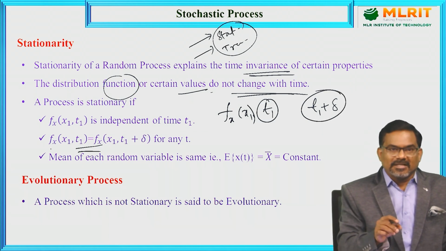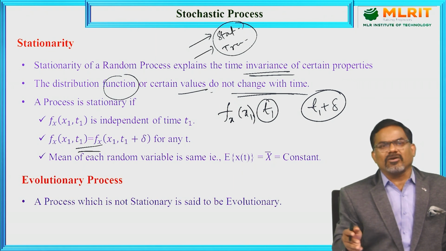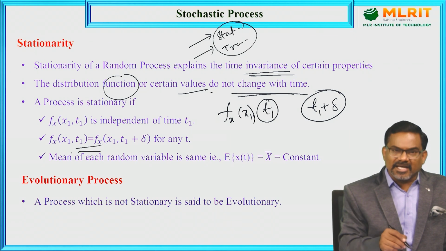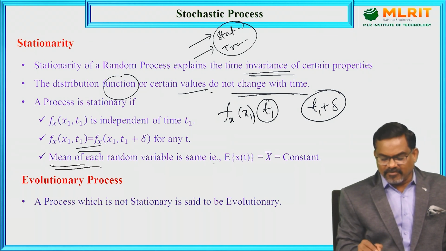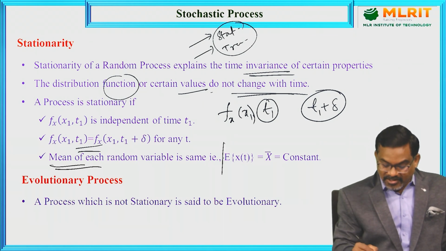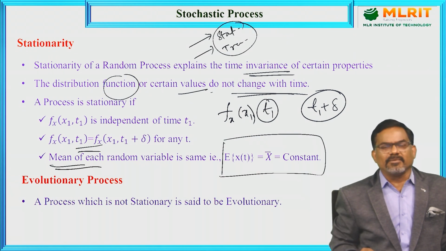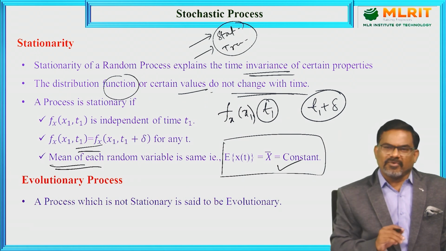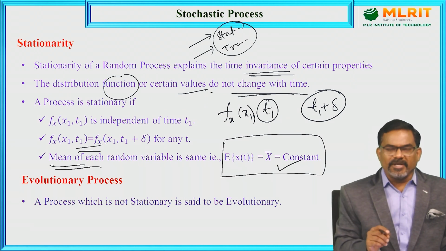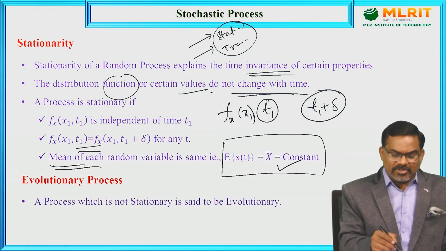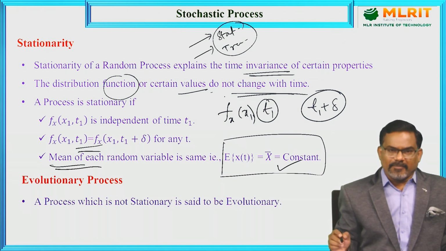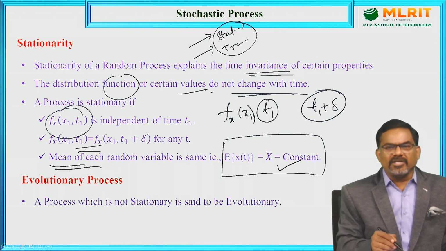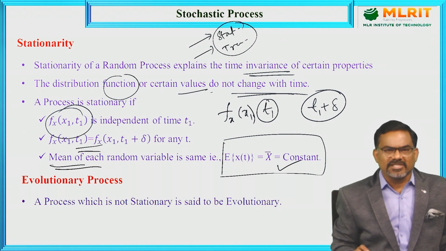That means the distribution function doesn't depend on time. That is stationary process. So, in this case, the mean of each random variable will be the same. Expectation of X of t is x bar, which is constant for all variables. So, stationary means when the distribution function does not change with time or the function is independent of time and the mean of each random variable is the same, that comes under stationarity.